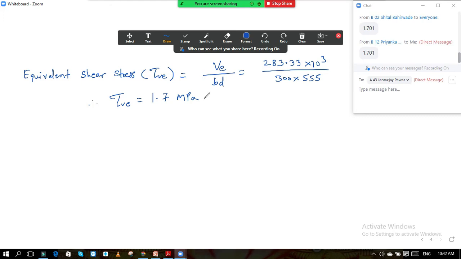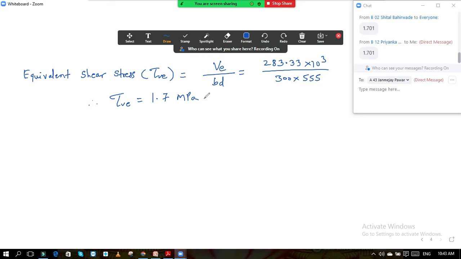But generally you follow one thumb rule: in the case of beams, shear reinforcement is always required. Shear reinforcement means we are providing stirrups in the beam and column. Stirrups, if you go to the site and talk to the mistri or mason in site language, they will call them ringa. Those are nothing but stirrups.